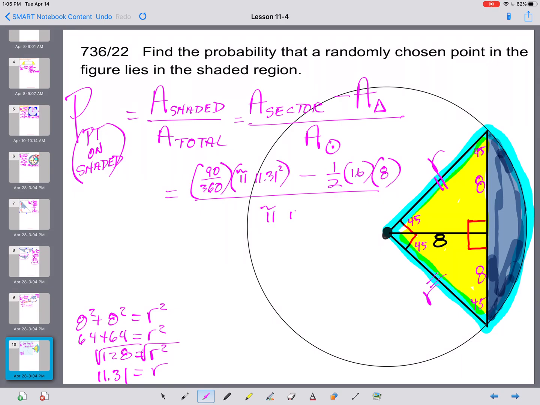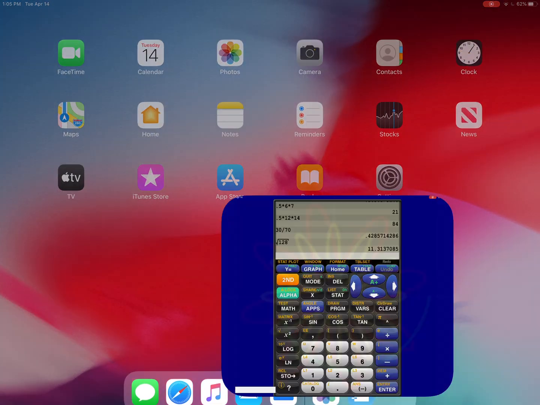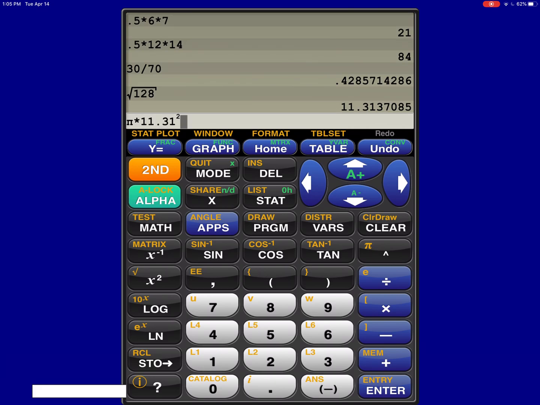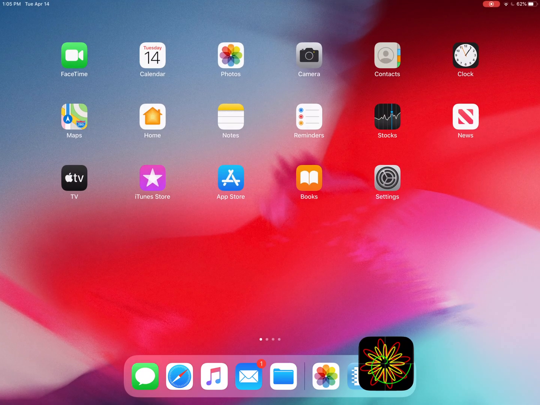Pi times 11.31 squared. Okay, let's do this. 90 over 360, that's 0.25. Pi times 11.31 squared, that's pi r squared. Good, there it is, 401.86.